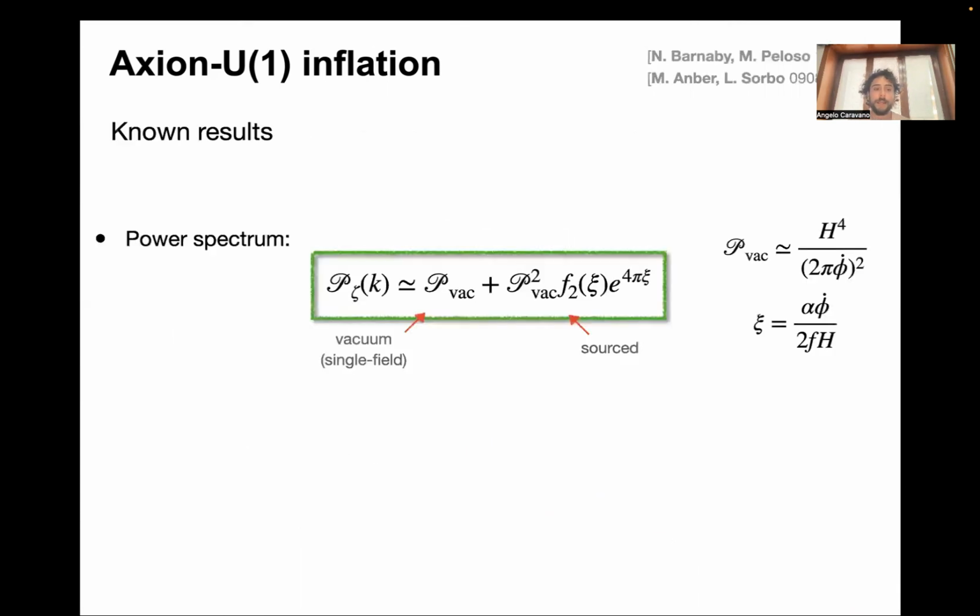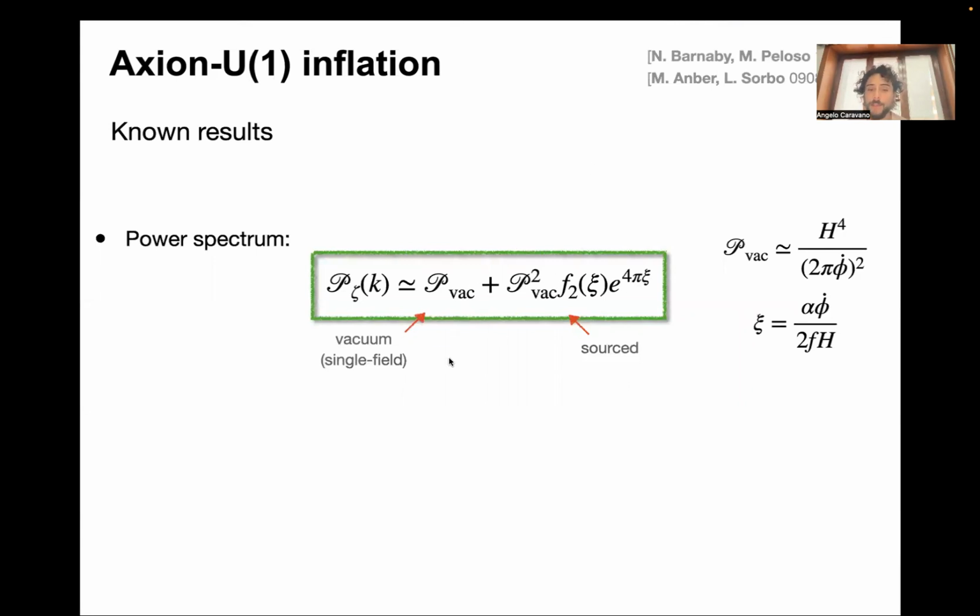But let me start by giving you some known results about how the scalar fluctuations in this model are affected. The power spectrum of the curvature perturbation, which is related to density fluctuations, is going to be the sum of two pieces in this model.